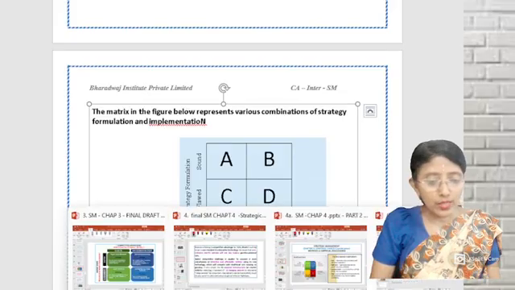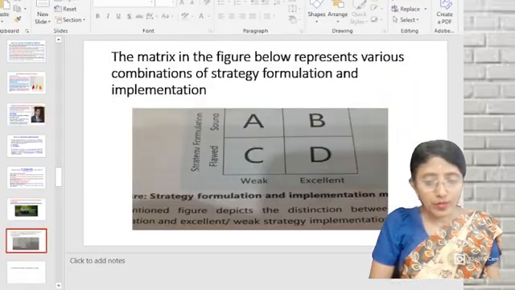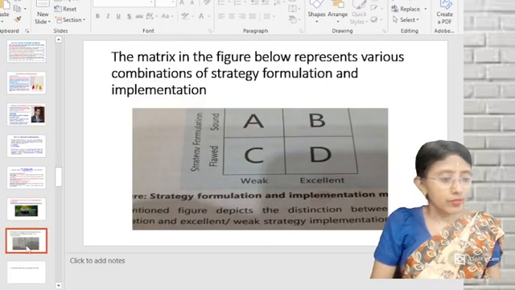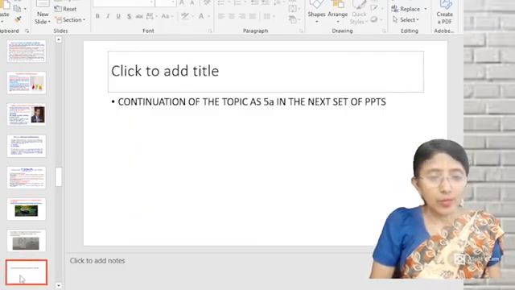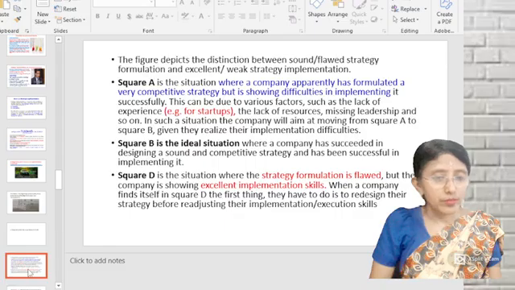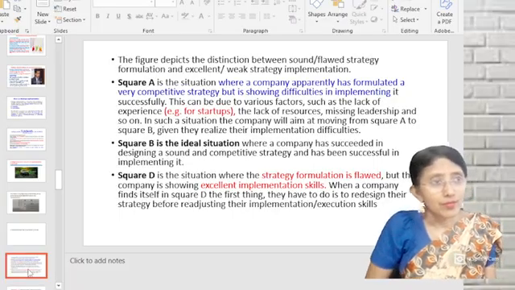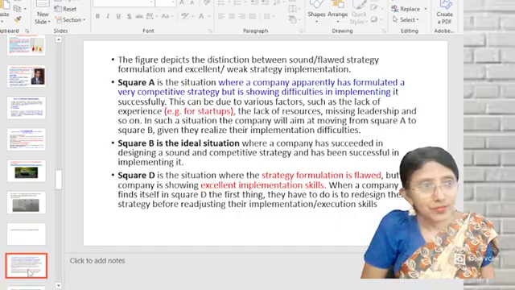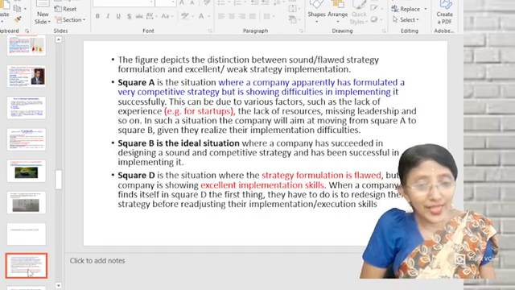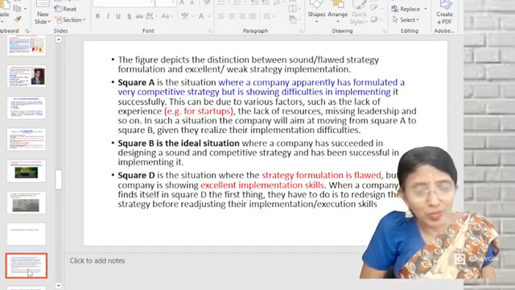I will show you the answer from the slide. B. Why? Sound formulation and strong implementation. The ideal situation is situation B.